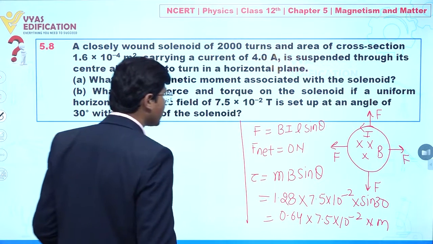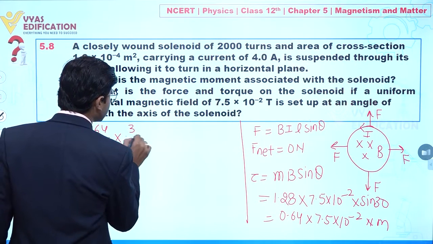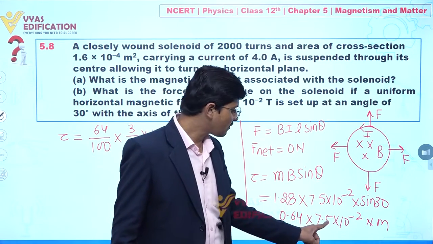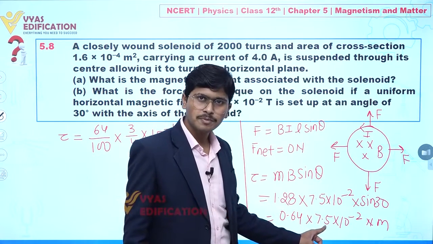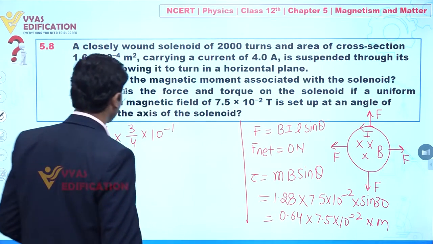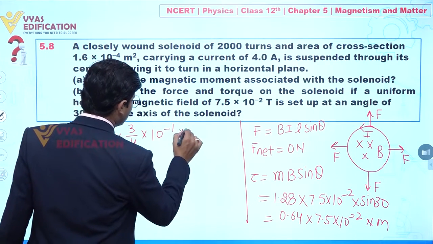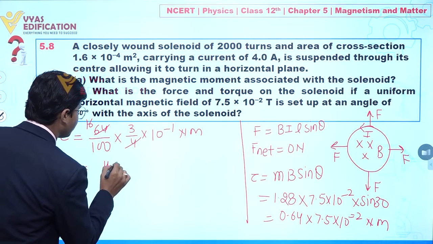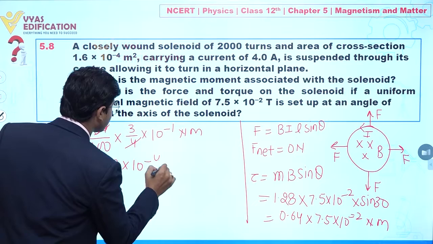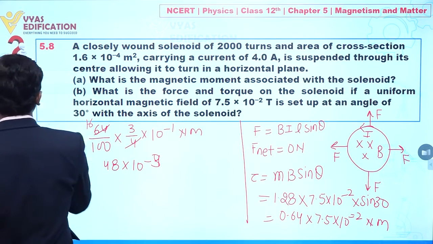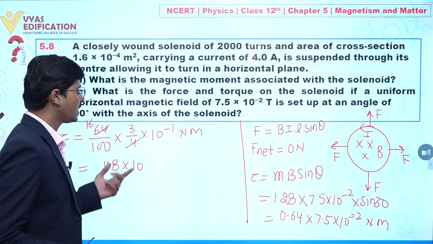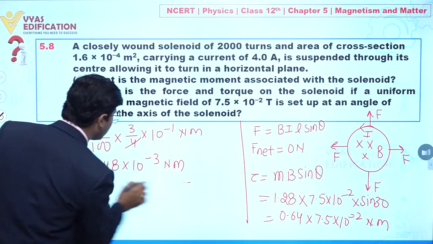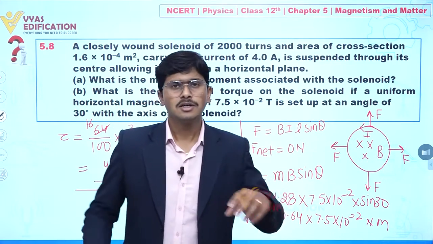If you divide with 10 you can say this is 0.75, which is 3 by 4, and I can say this is 10 to the power minus 1, yes or no. I am multiplying with 10, dividing with 10. So if I divide, this is 0.75 multiplied with, so it becomes minus 1, clear. So Newton meter. So from here this one is 16, clear. So we can say this is 48 multiplied by 10 to the power minus 3, 48 into 10 to the power minus 3 Newton meter, clear. So this is the value of torque that is acting on this solenoid, clear.